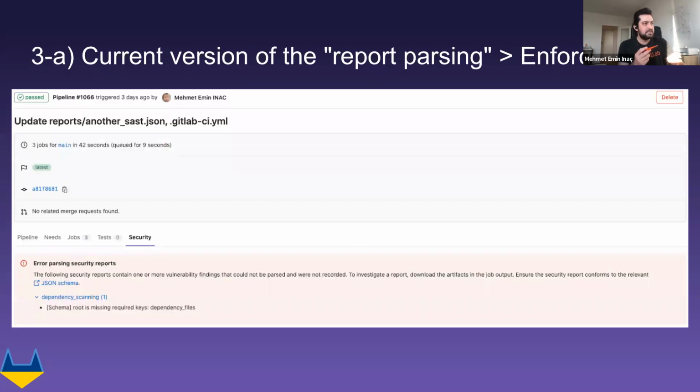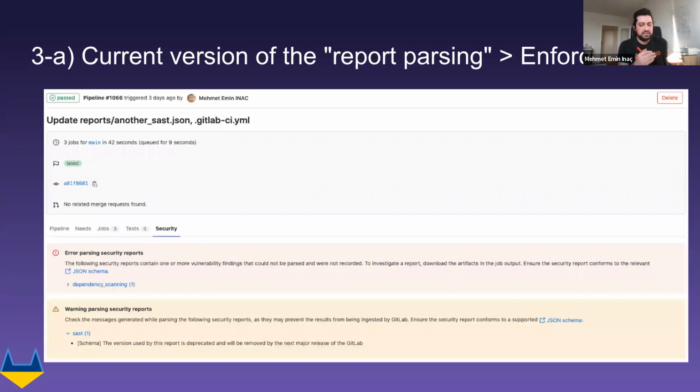And this is how it looks in the pipeline security tab when the enforcement is enabled. Those things are not warnings anymore, but actual errors. And the vulnerabilities contained by this scan will not even be tried to ingest.